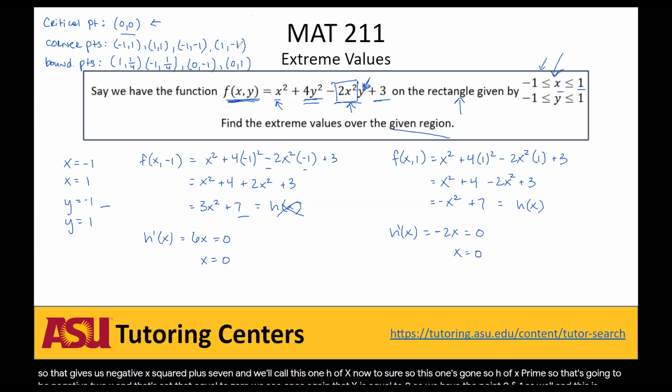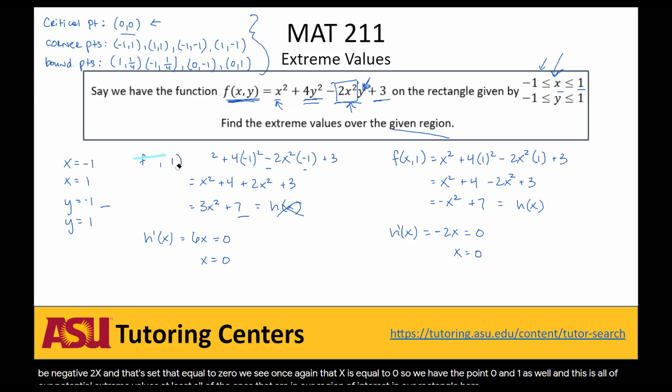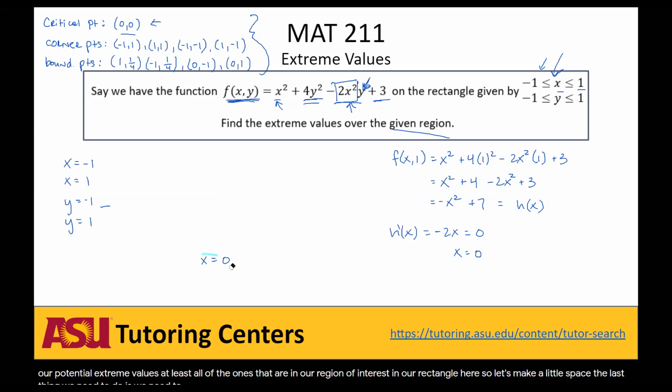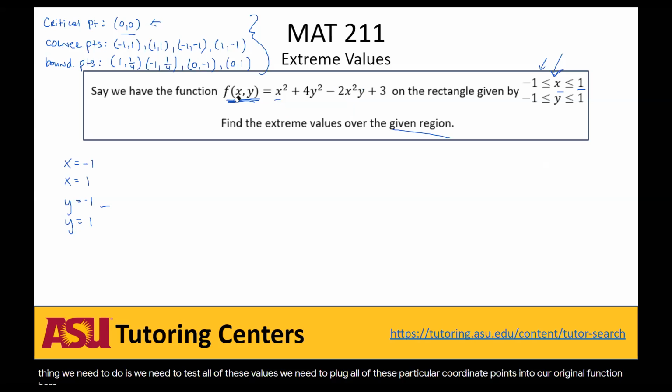And this is all of our potential extreme values, at least all of the ones that are in our region of interest in our rectangle here. So let's make a little space. The last thing we need to do is test all of these values. We need to plug all of these particular coordinate points into our original function here to see which one produces the largest value and which one produces the smallest value, so the minimum and maximum here.